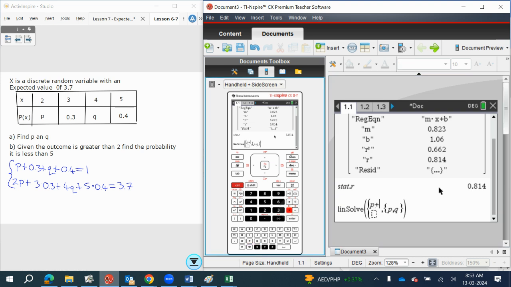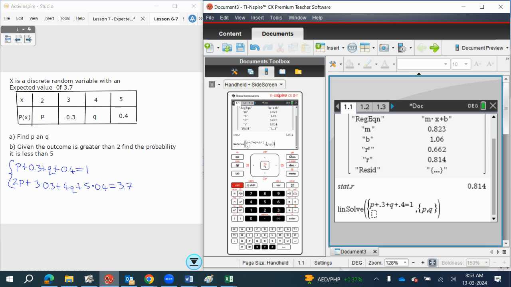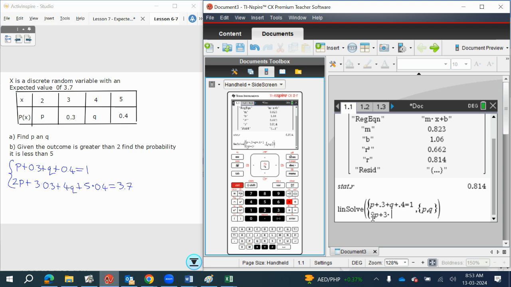So p plus 0.3 plus q plus 0.4 equals 1. 2p plus 3 times 0.3 plus 4q plus 5 times 0.4 equals 3.7. I'm just going to double check that I've entered it right. That looks good.